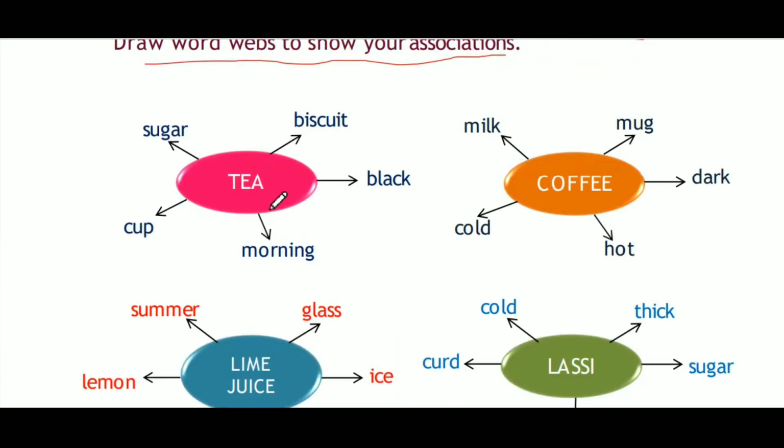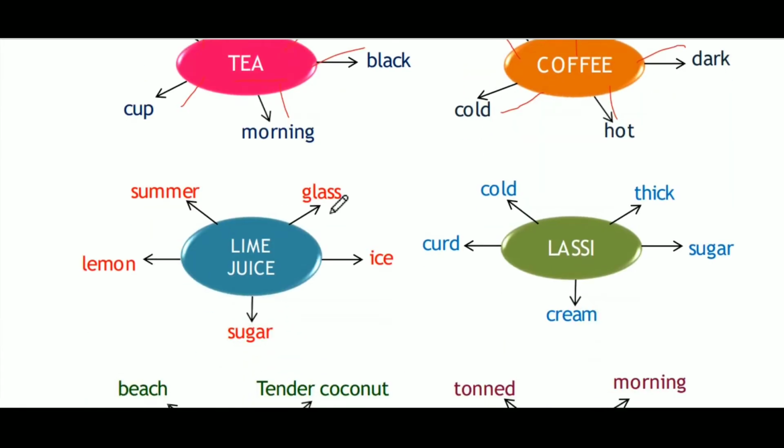First, tea. The answer is biscuit, black, morning, cup and sugar. Then coffee: mug, dark, hot, cold and milk. Next, lime juice: it is summer, glass, ice, sugar and lemon.